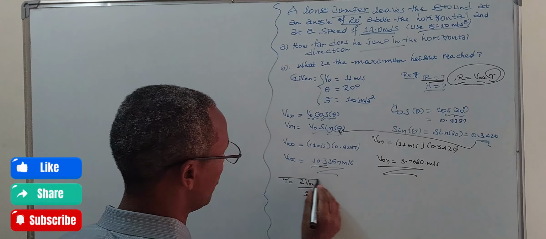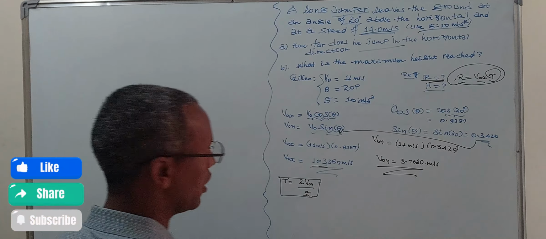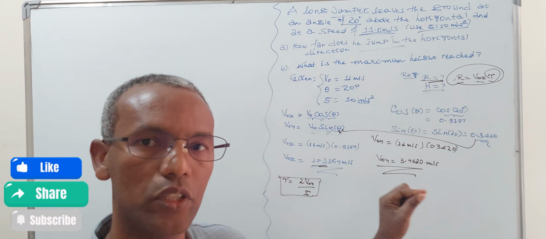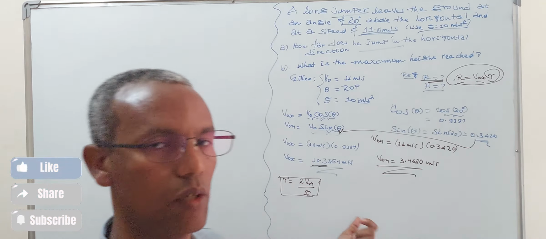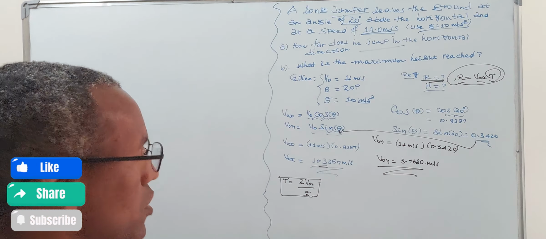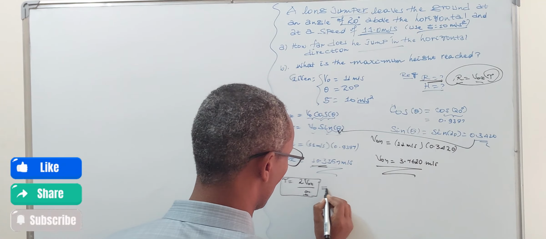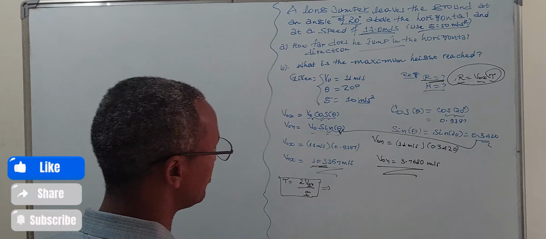This is a basic equation. You can derive this equation from the vertical projectile motion equation. Let me know if you are not familiar with that, I will help you to derive this equation.